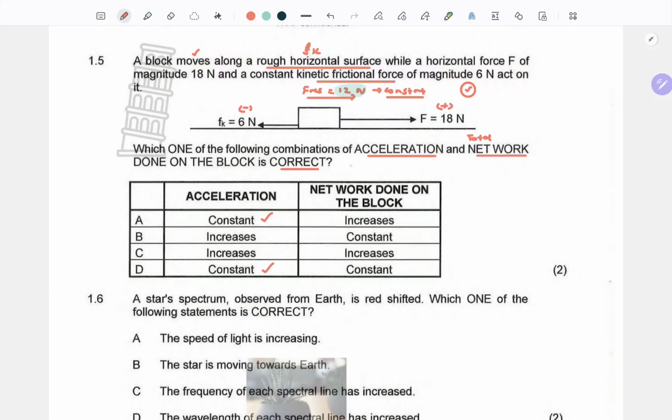From Newton's second law. Again, this is on Newton's second law, but coupling this with work, energy, and power. So remember these things, guys. We can integrate topics.